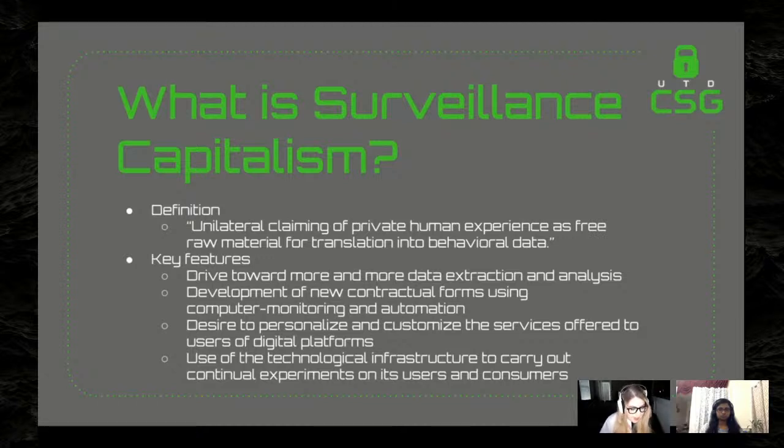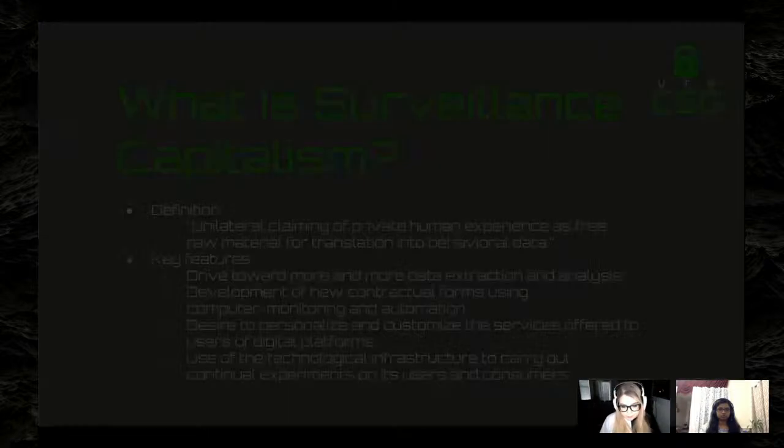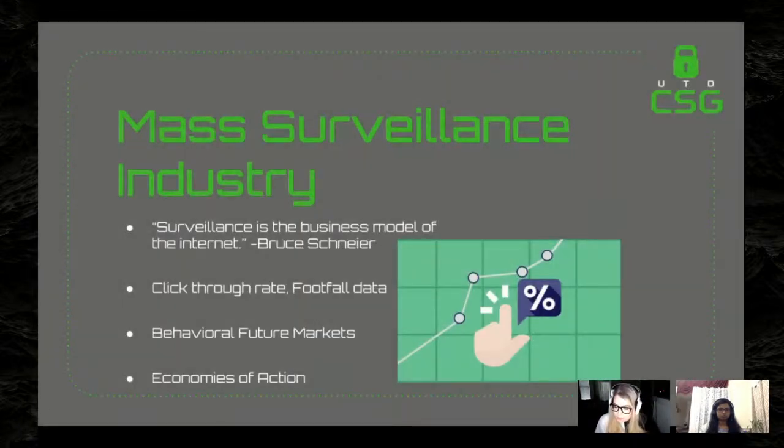All right, and so essentially this is a mass surveillance industry. A lot of people think it's the inevitable outgrowth of digital tech, and that it's used to develop the services that cater to you and make products that you're more likely to use. A quote by Bruce Schneier is, "Surveillance is the business model of the internet."